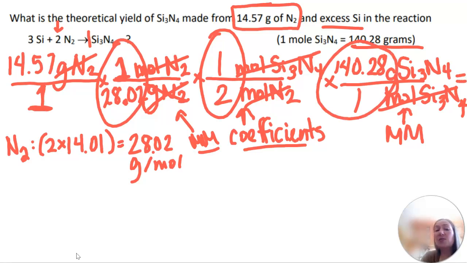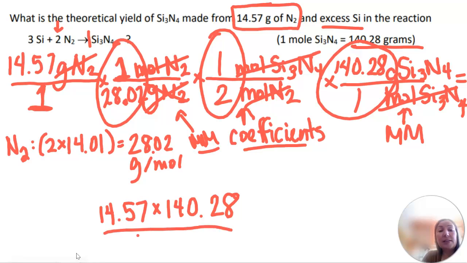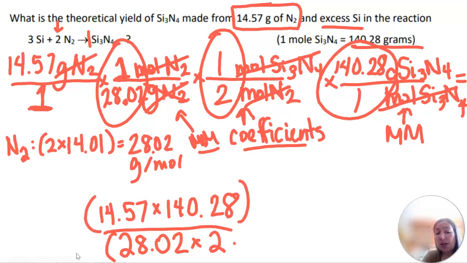All right, let's do this math. Let's multiply these fractions. 14.57 times 140.28 divide by 28.02 times 2. Do parentheses around your numerator.